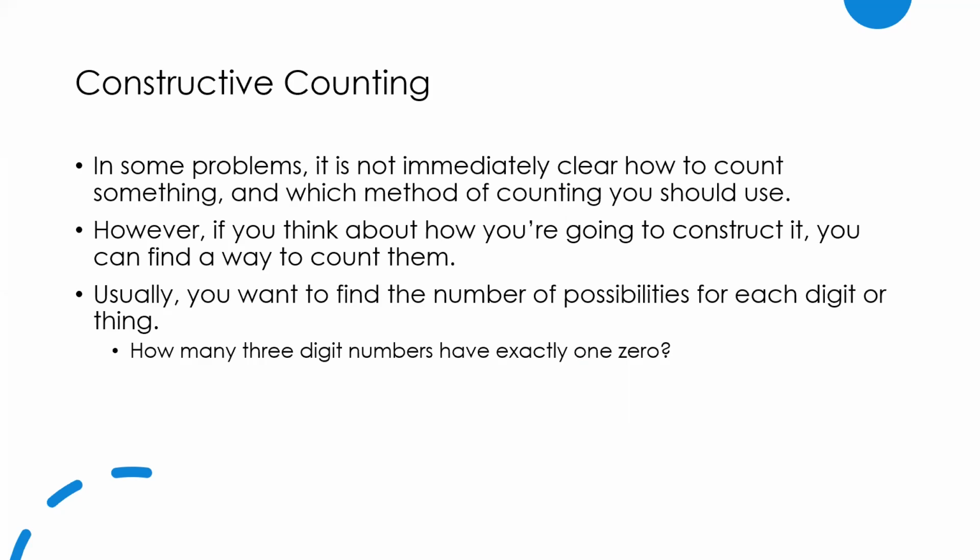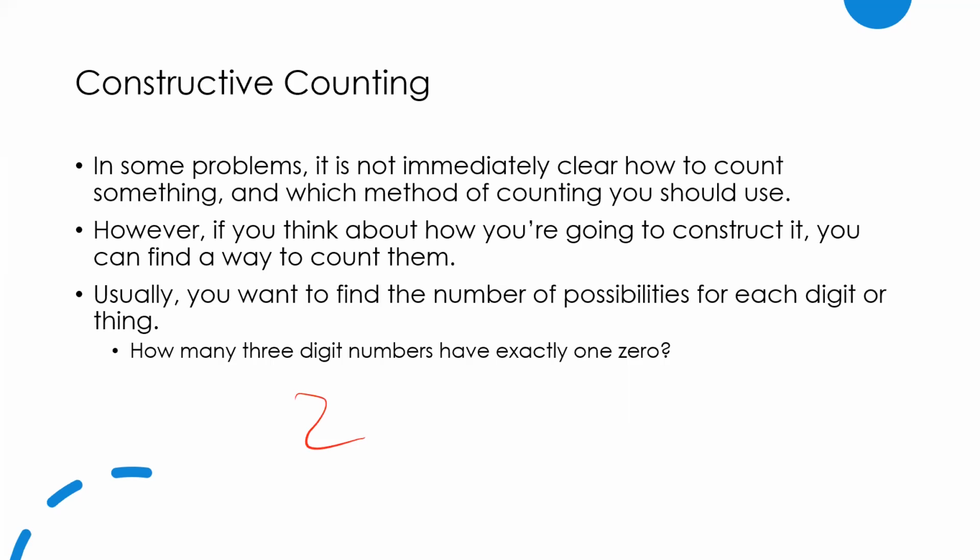You can't place it in the leftmost digit because you can't have the 0 as the first digit of the 3-digit number. So we can put it in either the second or the third digit. Basically we have 2 different places where we can put the 0, so we write 2 here.